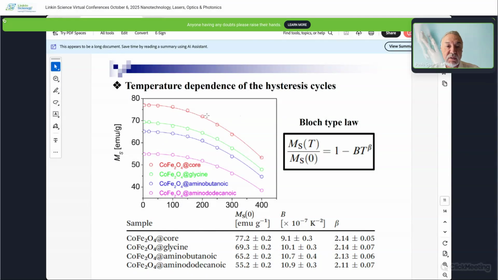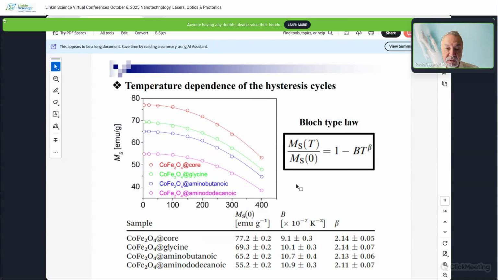The solid lines here are the best fitting of the data using the Bloch law, which is the ratio between the saturation magnetization and the saturation magnetization near 0 K. It follows this expression, and then we can extract not only the saturation magnetization at the lowest possible temperature, but also the B and beta parameters.